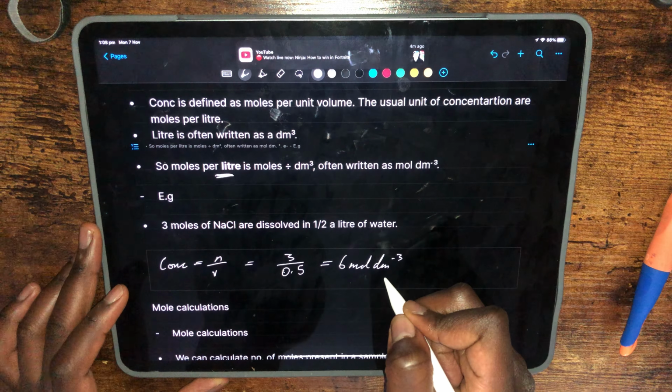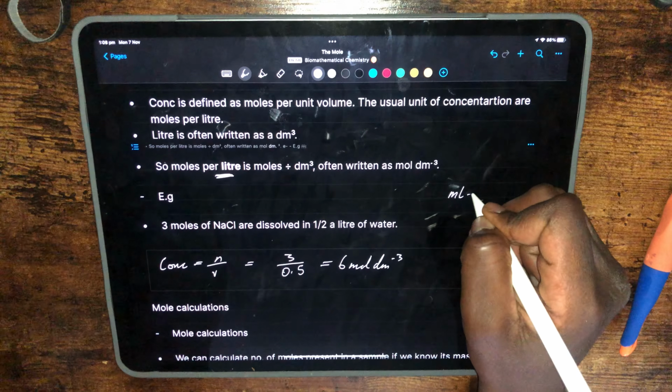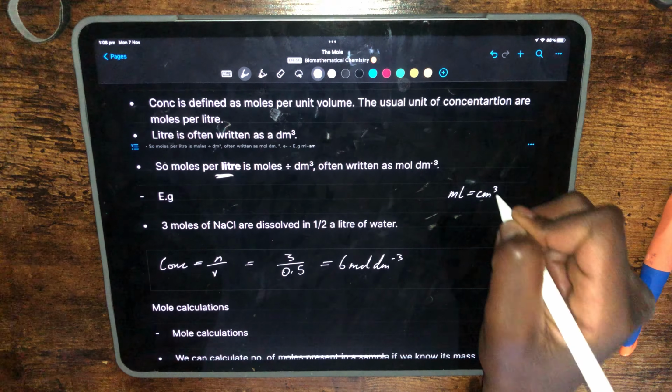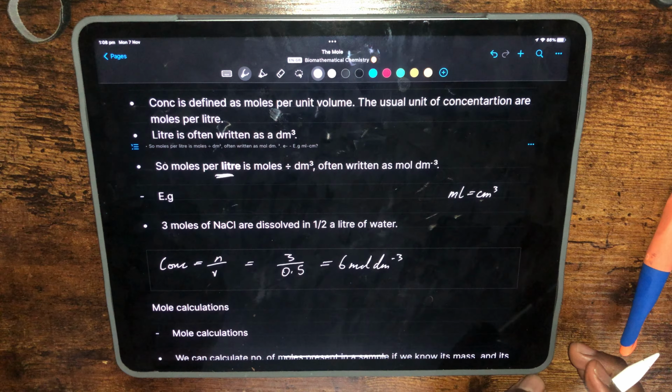Usually they don't actually give it to you as a liter. They'll say something like 500 milliliters or 500 centimeters cubed. By the way, milliliters is equal to centimeters cubed. But they'll usually say 500 centimeters cubed of water, and you have to convert it. Don't say 500 centimeters cubed. It's always measured in decimeters cubed, so you have to convert centimeters cubed to decimeters cubed, which is the same as going from milliliters to liters.